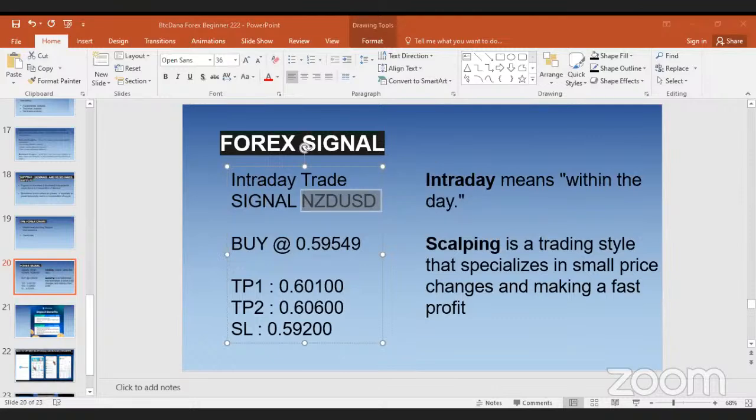You see, this is GBP. This is Euro JPY that I want to trade right now.